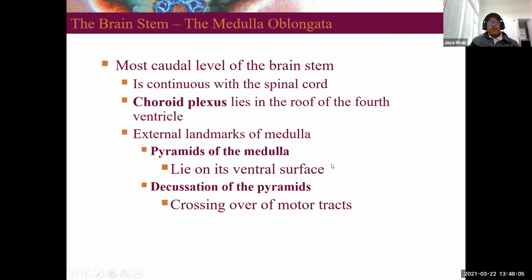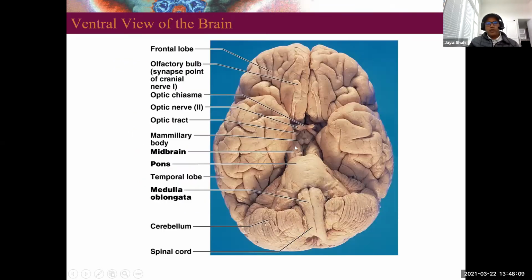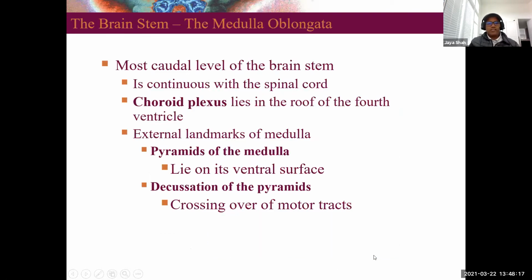The pyramids of the medulla lie on the ventral surface. So this is called the pyramid. And these pyramids contain the motor tracts. All the motor fibers from the prefrontal cortex cross when they come down. So the motor fibers from the right side go to the left side of the body, and from the left side they go to the right side of the body.